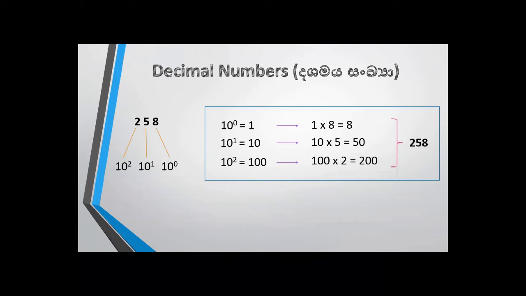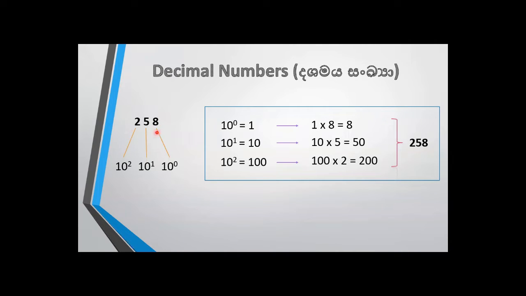Decimal numbers, or in Sinhalese we call as Dashamaya Sankhya. This is the default numbering mechanism that we use in our day-to-day works. In this system, we basically represent one single digit in the basis of 10.